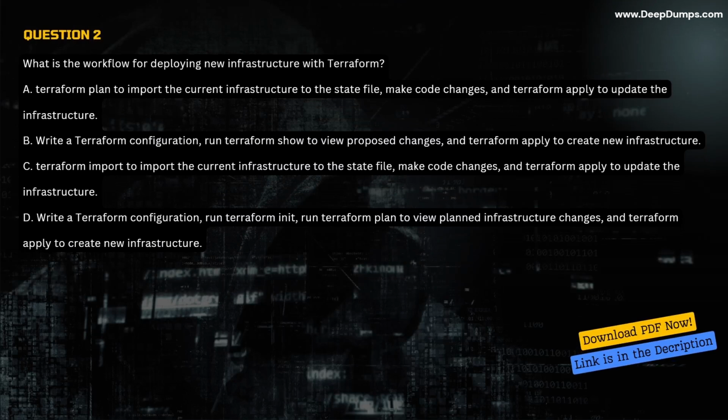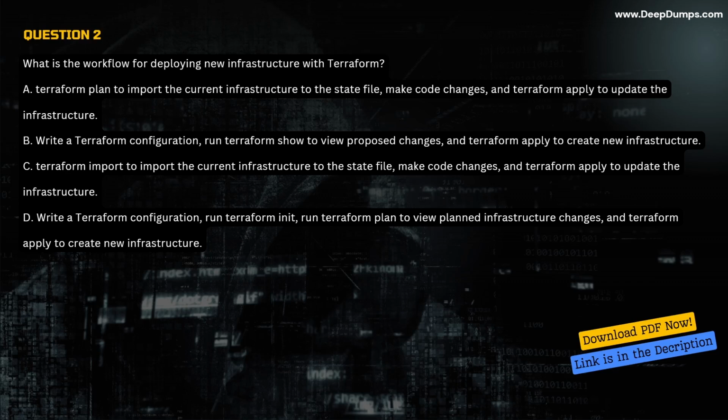Question 2. What is the workflow for deploying new infrastructure with Terraform? A. Terraform plan to import the current infrastructure to the state file, make code changes, and Terraform apply to update the infrastructure. B. Write a Terraform configuration, run Terraform show to view proposed changes, and Terraform apply to create new infrastructure.